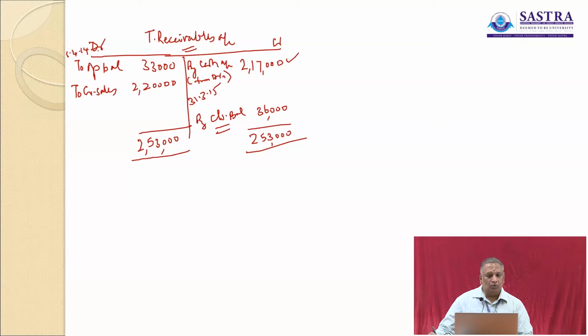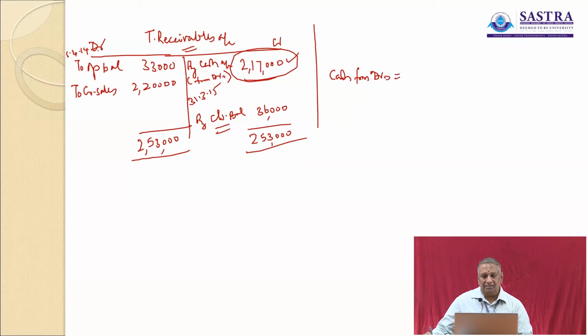And trade receivables account debit to sales account. This is 2,20,000 given in the question, and we close the ledger. We find that the balance is rupees 2,17,000. For people who are not comfortable with the ledgers, how this debit comes and all these things, you can go in for the equation format normally.